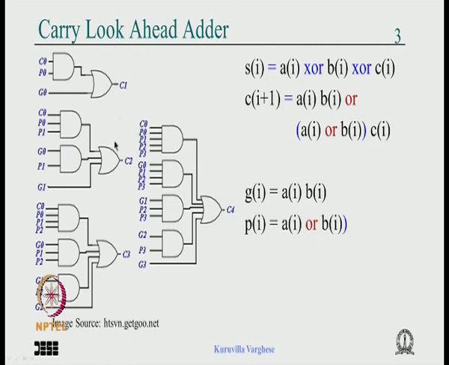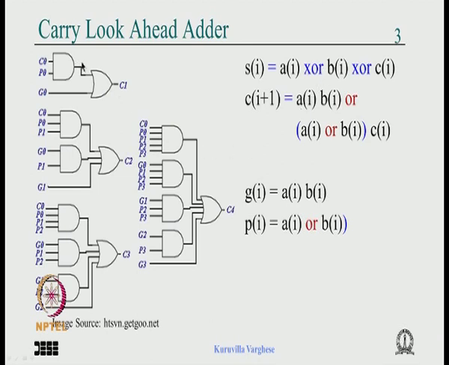As the substitution goes it gets expanded, one product term becomes extra because of this process, and you can see that this is G0 P0, add to a level of gates. So you have 3 levels of gates for the carry, and then the XOR.